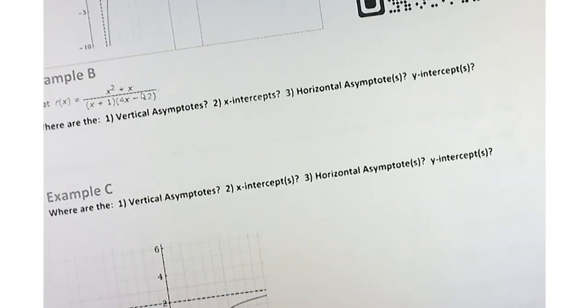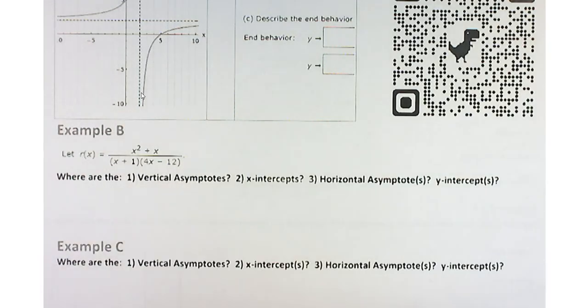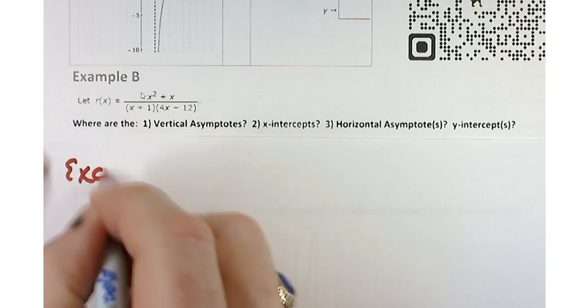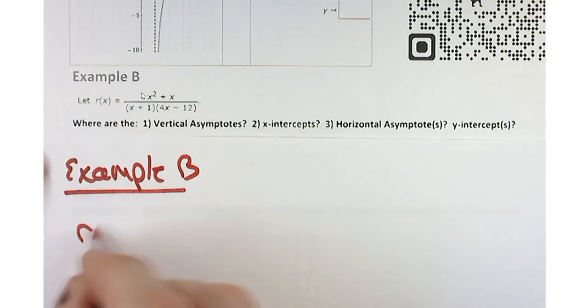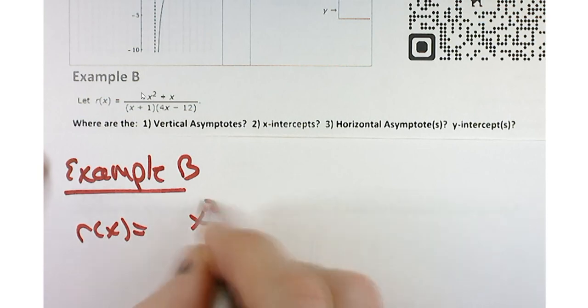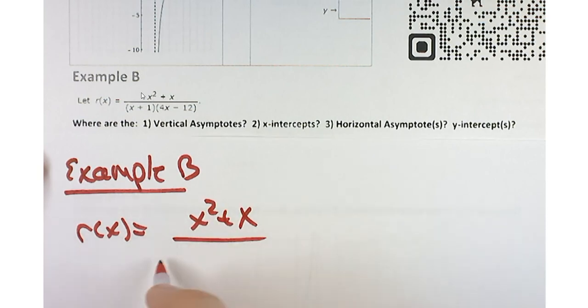So let's look at example B. Don't egg them on, Johan. I'm sorry. I know, it's fun. Example B. R of x is x squared plus x over x plus 1 and 4x.